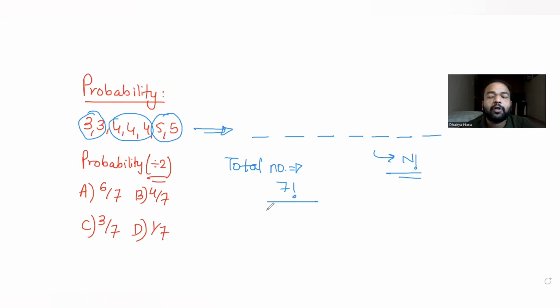So 3 is repeating 2 times, so I divide by 2 factorial. 4 is repeating 3 times, so I divide by 3 factorial. 5 is repeating 2 times again, so I divide by 2 factorial. Because we want unique arrangements which should not be repeated again and again. So the total possible outcomes are 7 factorial upon 2 factorial into 3 factorial into 2 factorial. Now let's talk about the favorable outcomes.